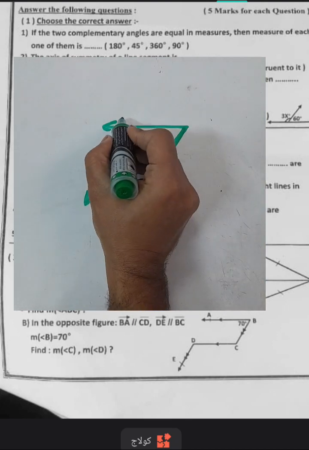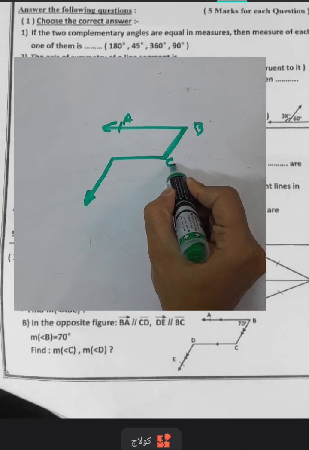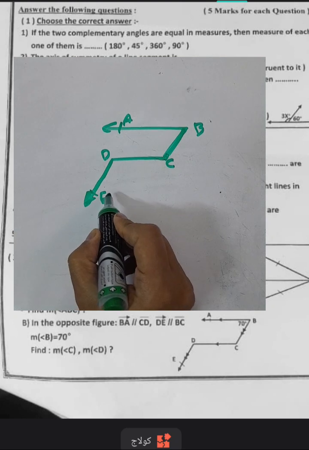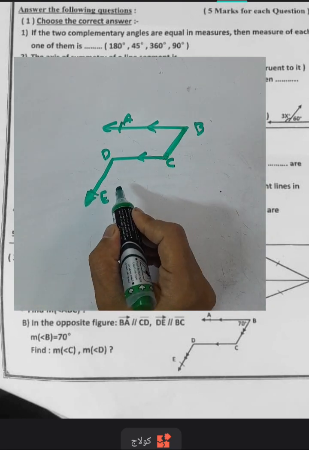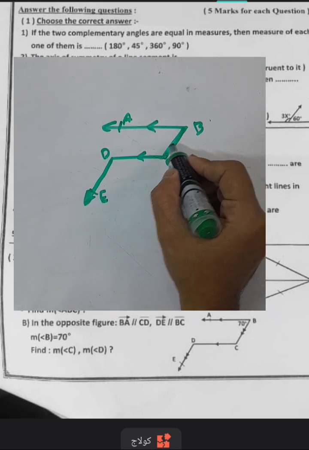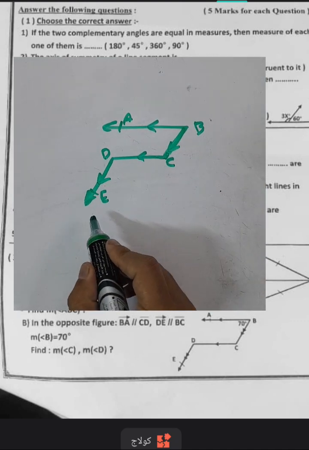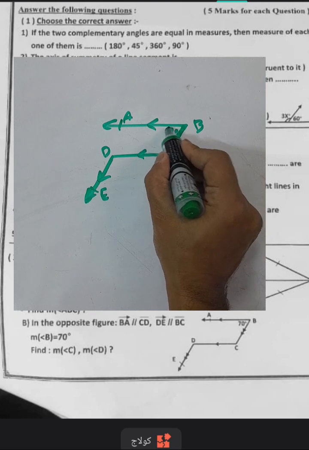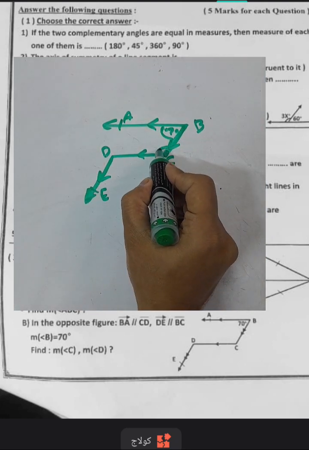We have A, B, C, D, and here E. We have straight line AB parallel to CD, and DE parallel to BC, and he gives us the angle here equal to 70 degrees, and then he wants to find the measure of angle C and angle D.